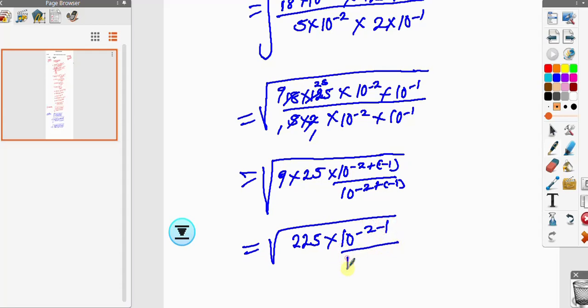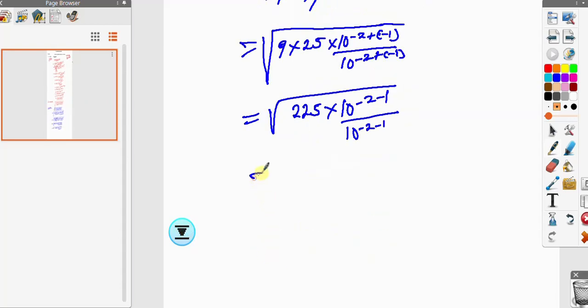And here will be 10 raised to power minus 2 minus 1. Right. So here now we have equal sign, we have 225 times 10 raised to power minus 3.